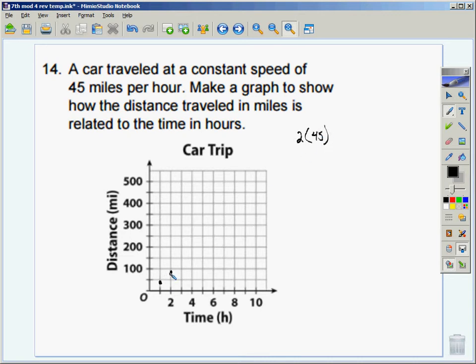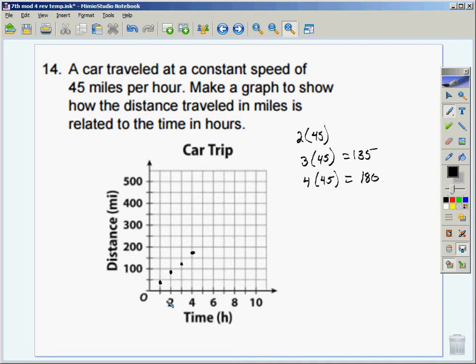That'd be less than 100. 3 times 45 would be 135. That would be somewhere in here. 4 times 45 is 180. That's probably about here.